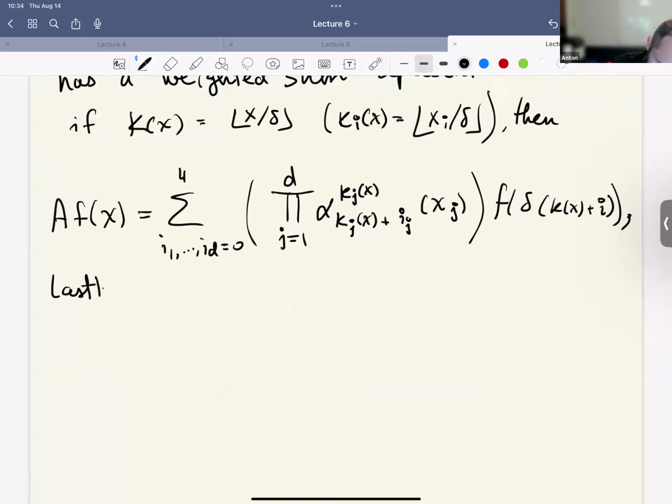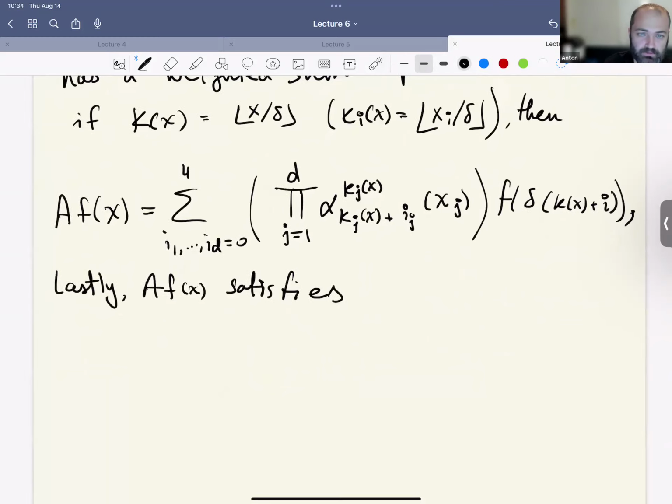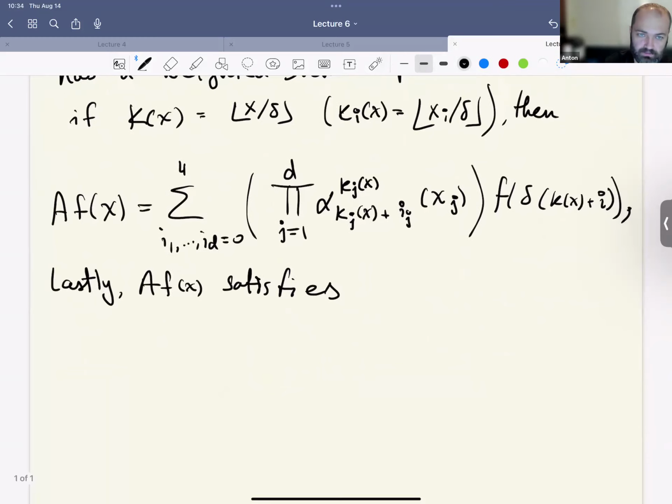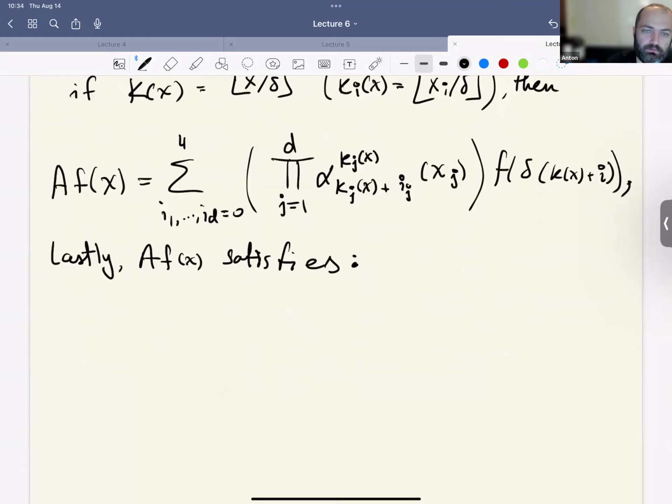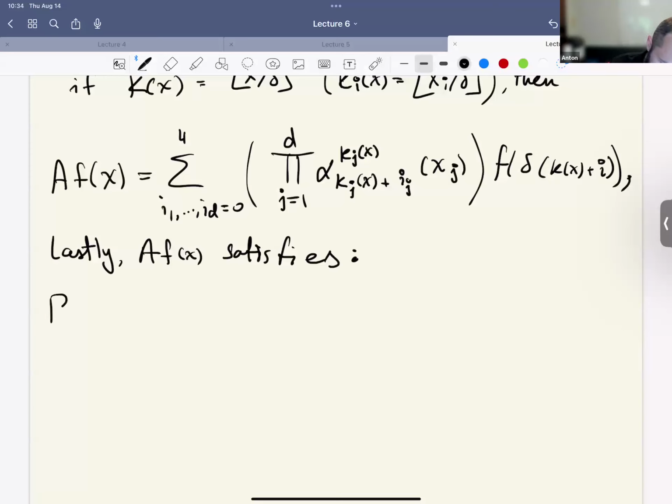Lastly, Af satisfies some properties. I'm not going to recall the properties mathematically precisely because those you can find in the previous notes. Let me just give you the rough interpretation of each property.